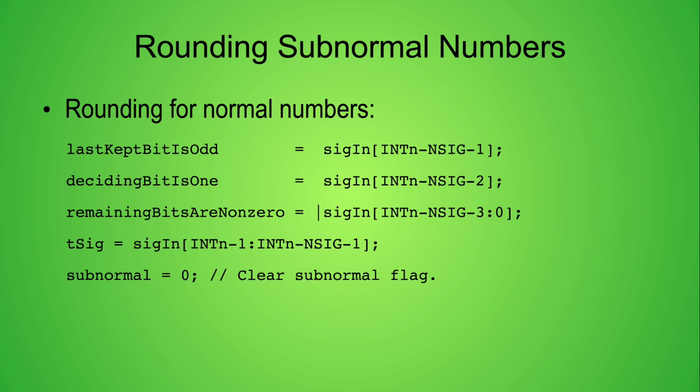The calculation of last kept bit is odd, deciding bit is 1, remaining bits are non-zero, and tsig is identical to how they were calculated in the code which converts 32-bit signed integers to binary 32 values. This should be a reminder of why I generally use parameters rather than explicit constant values. The only thing which is special here is that we need to override the default value of the subnormal flag by setting it to 0.